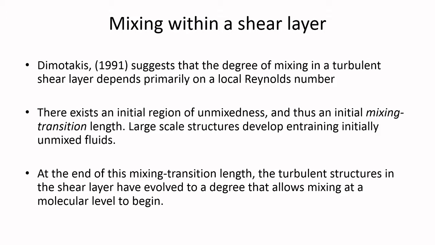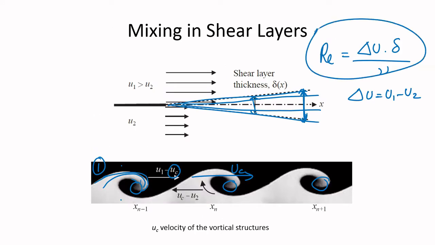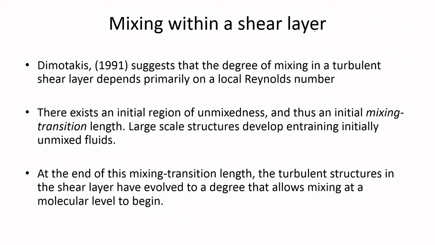Now, there is more to mixing within a shear layer. Dimotakis has suggested that the local Reynolds number, which is this, can define the development of the mixing inside the shear layer. But he said that there exists an initial region of unmixedness.